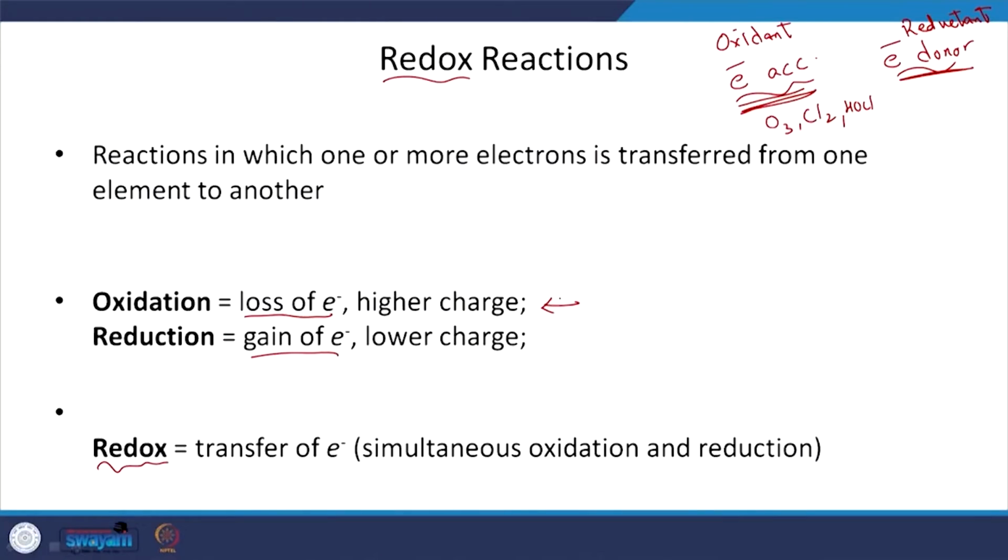Oxygen is taking the electron from the organic matter and it's being reduced, let's say. Again, let's not go there. If you are confused, you can just look at it twice. But in general, if I gain an electron, it has a negative charge. So the charge on that particular element will decrease. So reduction in the charge. Maybe that's a way you can try to understand it, right?